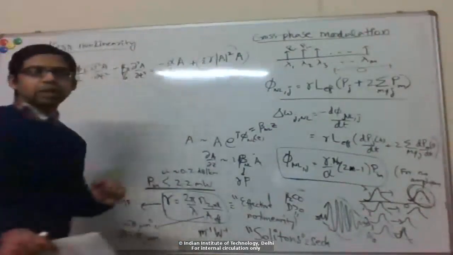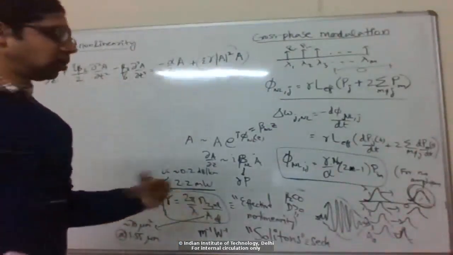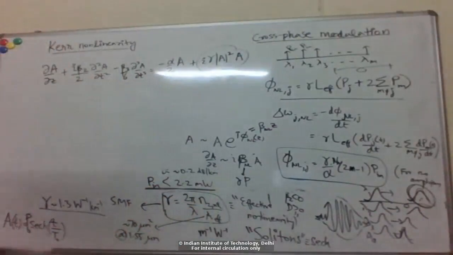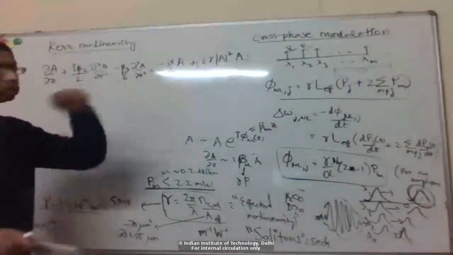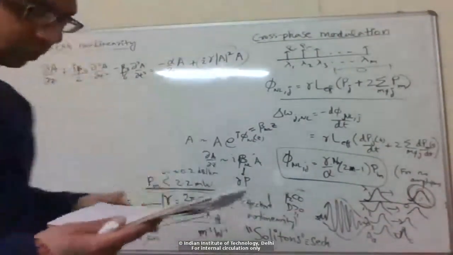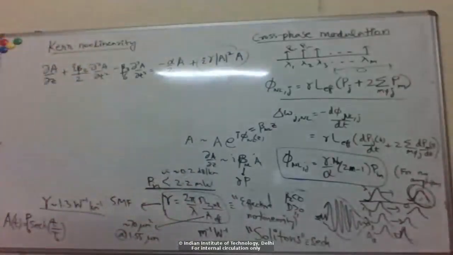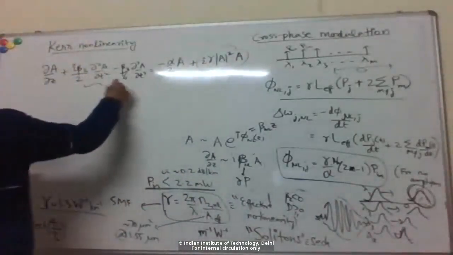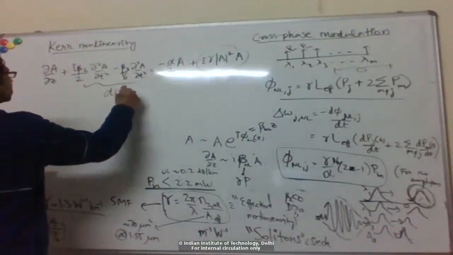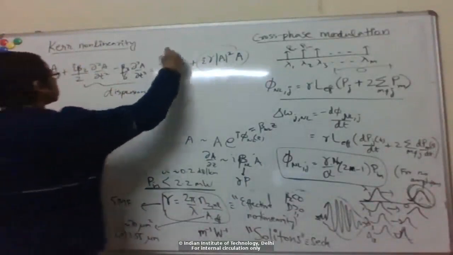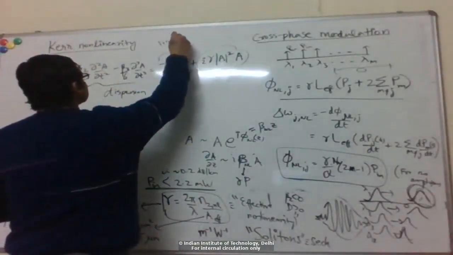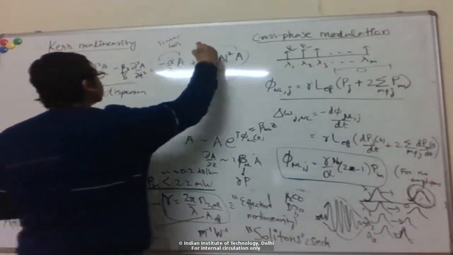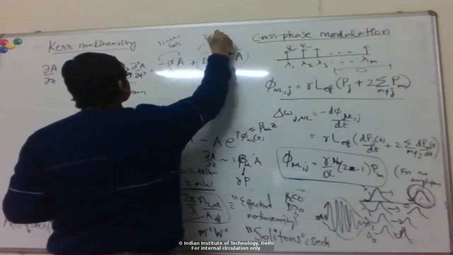Now, of course, it becomes much more complicated to solve, and typically you use numerical techniques to solve this. So basically you have dispersion here, this is linear loss, and this is Kerr.